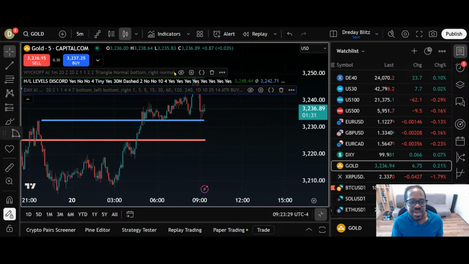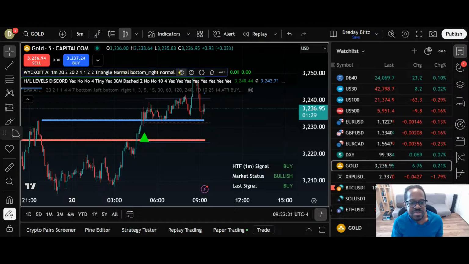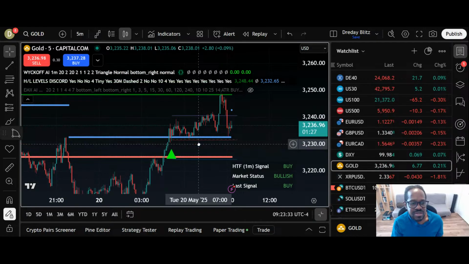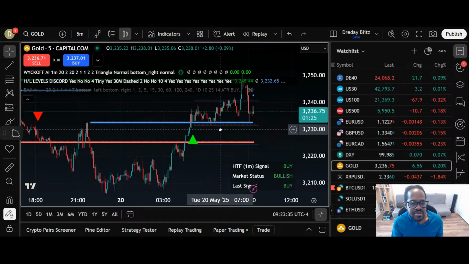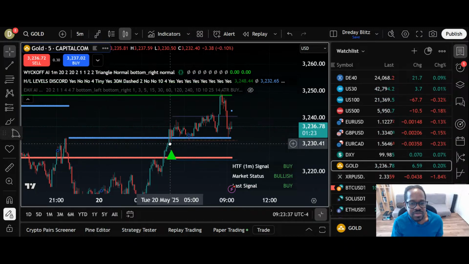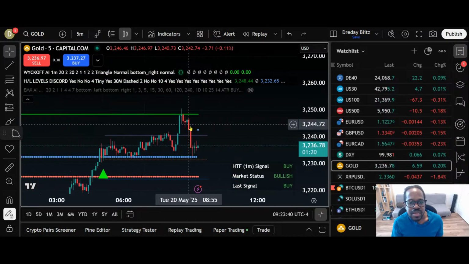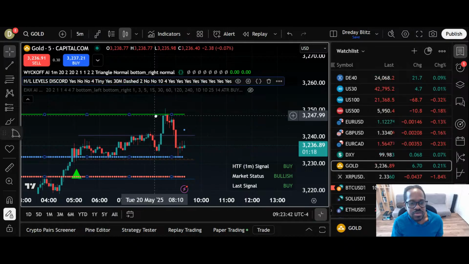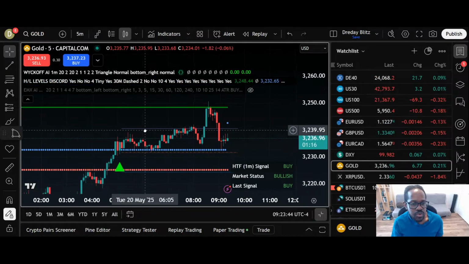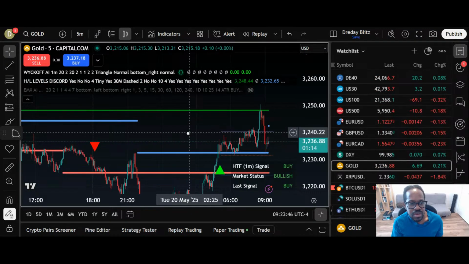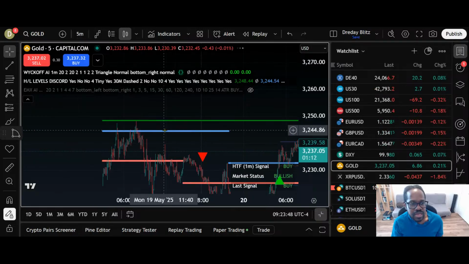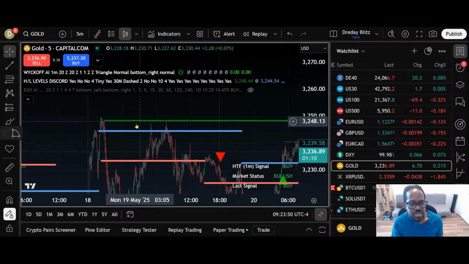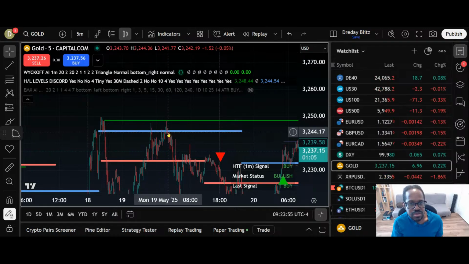And if we look at Wyckoff here, buy right here, and it already touched a zone here. So at this point, I would be out of that trade. You have basically a 5 minute resistance, and that's a 30-minute resistance.